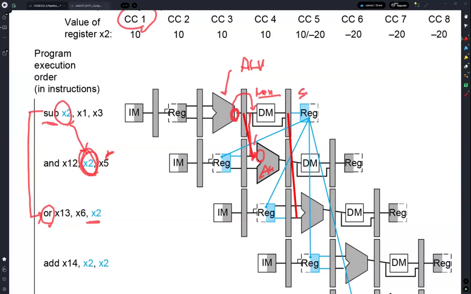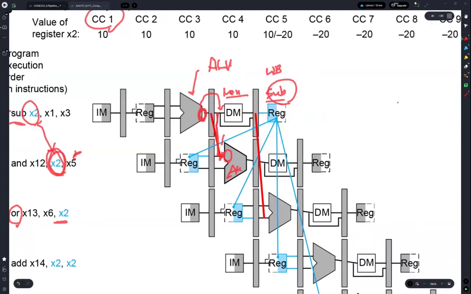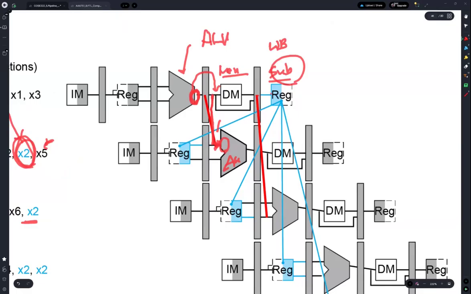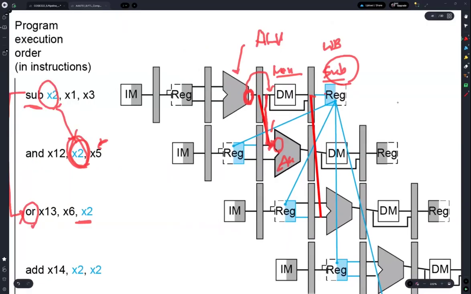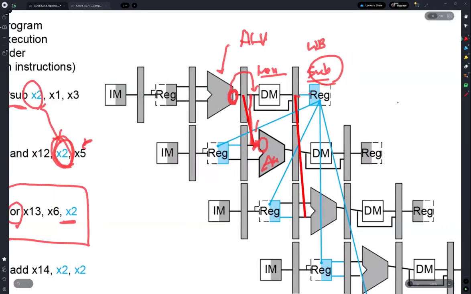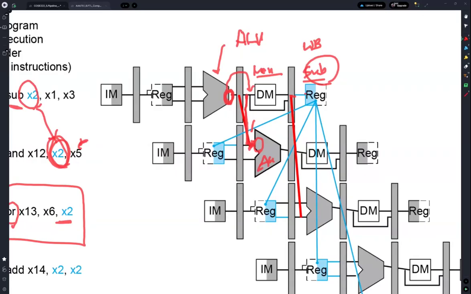Sub instruction is in write back stage, right? And then this data is required by this OR instruction, right? So in this case, this data is also propagated to the write back stage.